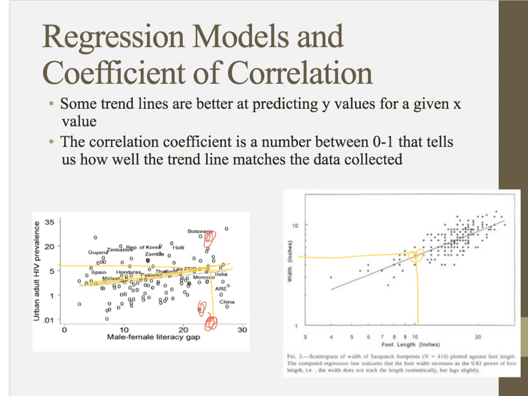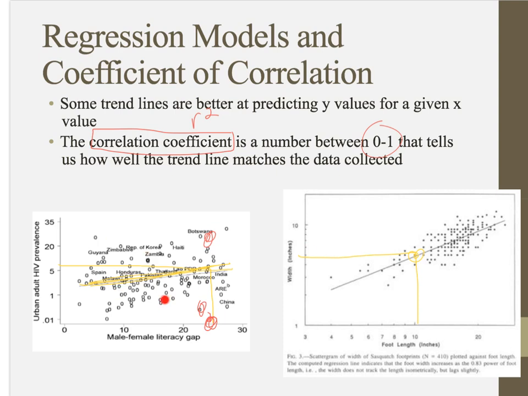Now, how can we assign a number to how good that line is at predicting things? Well, we have a number for that, of course, called the correlation coefficient, or R squared. It's a number between 0 and 1 that tells us how well the trend line matches the data collected. Is it really tightly clustered? Does that line do a really good job of predicting values?